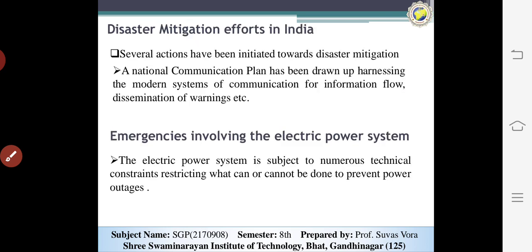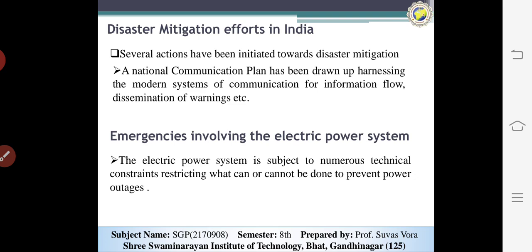Now, the disaster mitigation efforts in India. Several actions have been initiated towards the disaster mitigation systems.